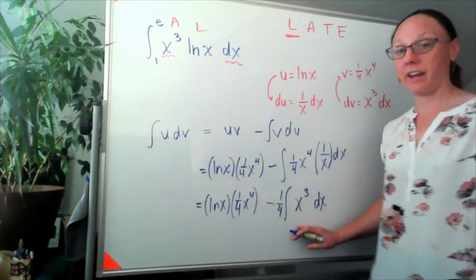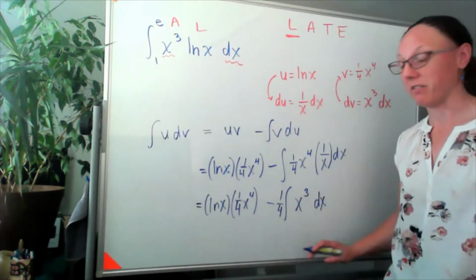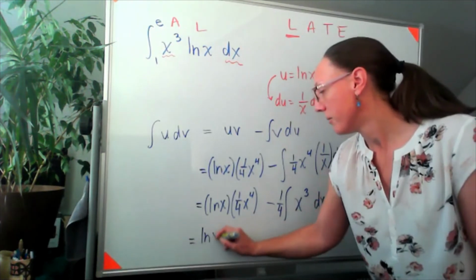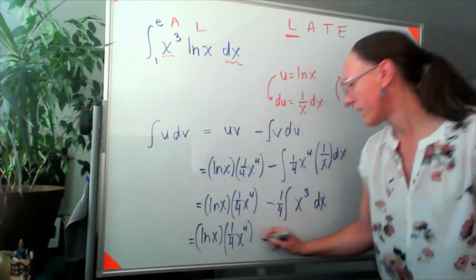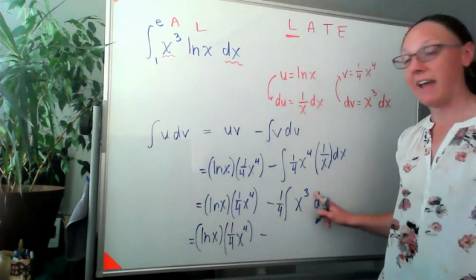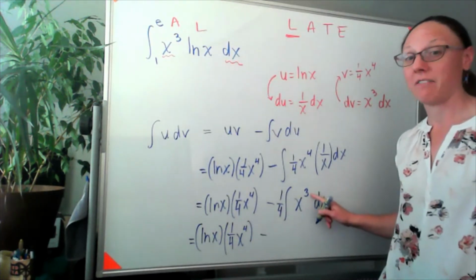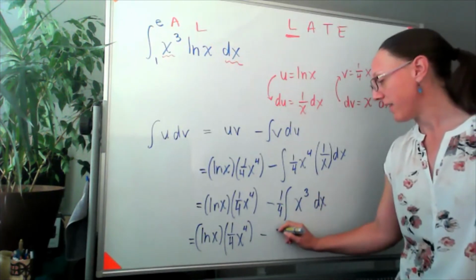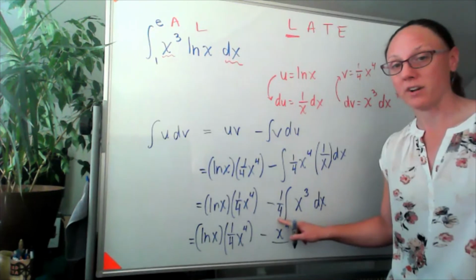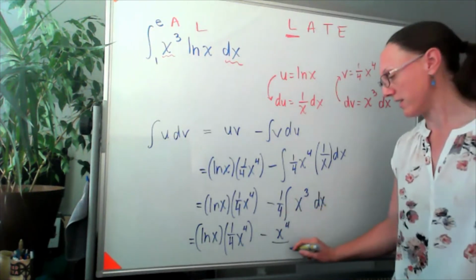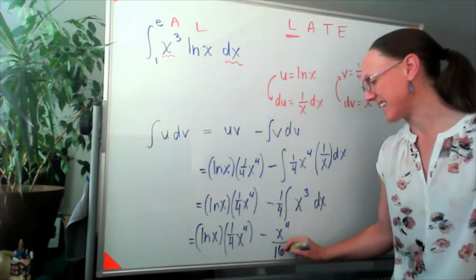Now I'm ready to find the antiderivative here. If I add 1 to that exponent, I'll have x to the 4th. And then dividing by that new exponent means that I've got that 4 in the denominator and another 4 in the denominator. So that'll be a 16.